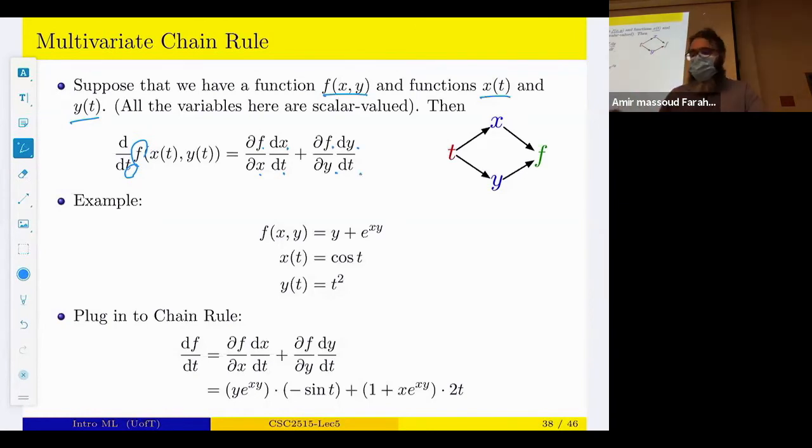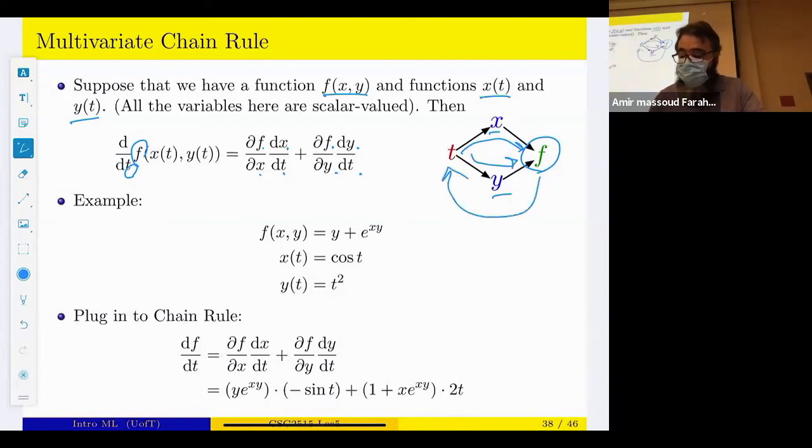The computation graph that we have is something like this, where f depends on x and y, each of which depends on t. So there's one path here, and one path here. And the derivative of f with respect to t can be written as these derivatives. The idea here is, again, as before, we compute the derivative of f with respect to x, and then the derivative of x with respect to t, but we do it in a backward way.